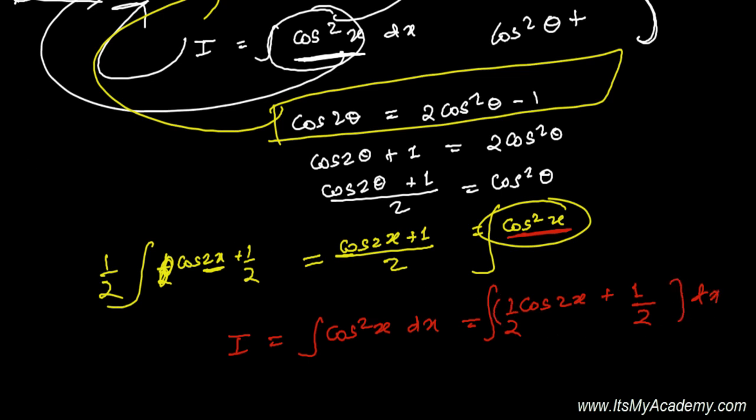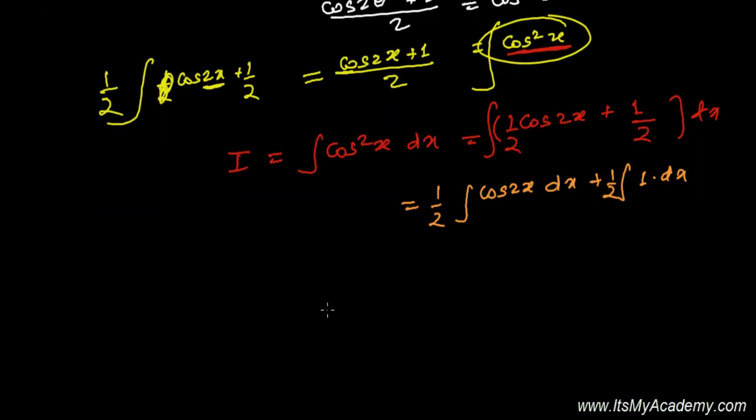In the next step I'm going to separate the terms, so it will be 1 by 2 integration of cosine of 2x dx plus again the integration of 1 dx, since there is nothing else there.